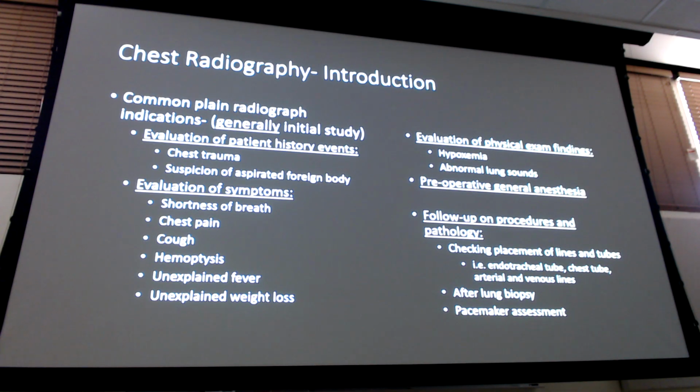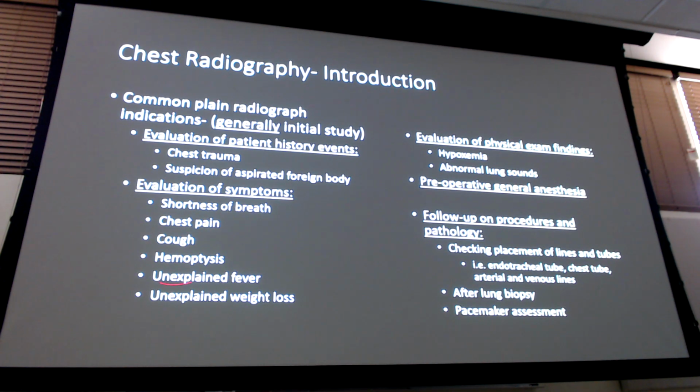X-ray in general is important for trauma, foreign body, but look at this, we're evaluating all these symptoms. Shortness of breath, chest pain, cough, hemoptysis, fever, weight loss. Why the heck would we get a chest x-ray for fever and weight loss? Huh? Cancers, right? What's causing it? I don't know. Let's check the chest x-ray just to make sure. The lungs are a common area for metastases, right?